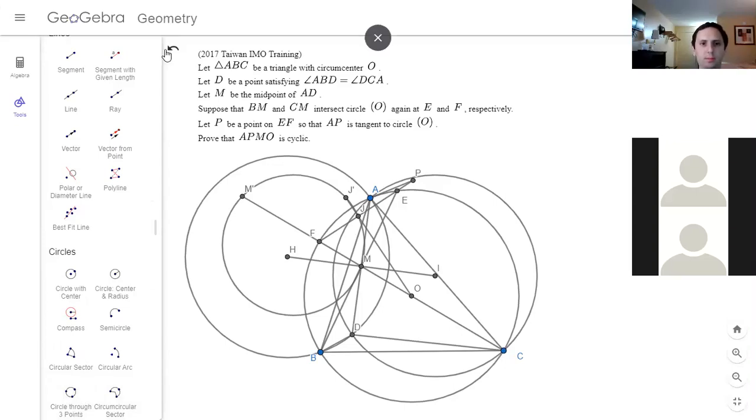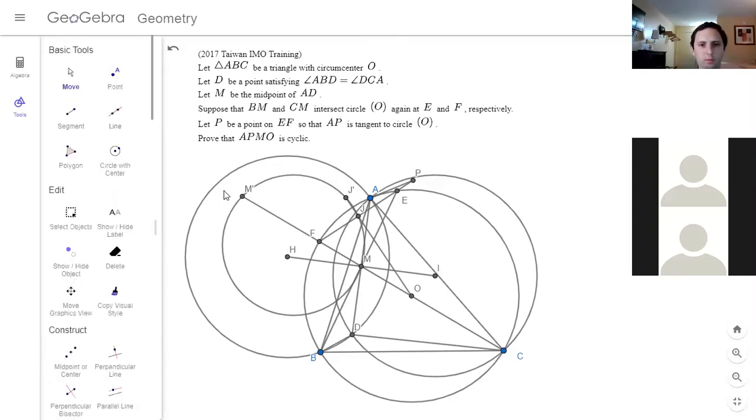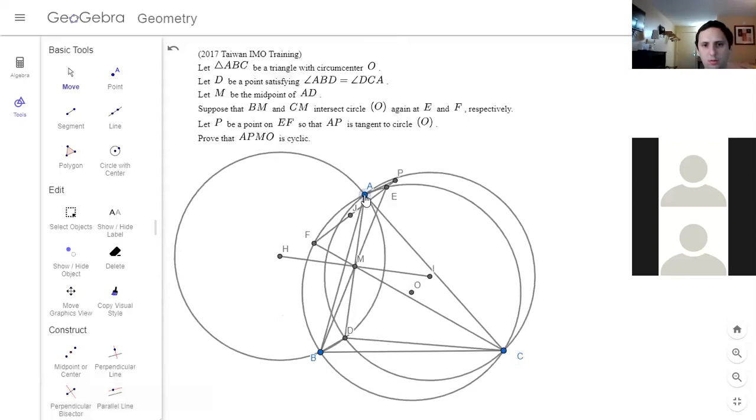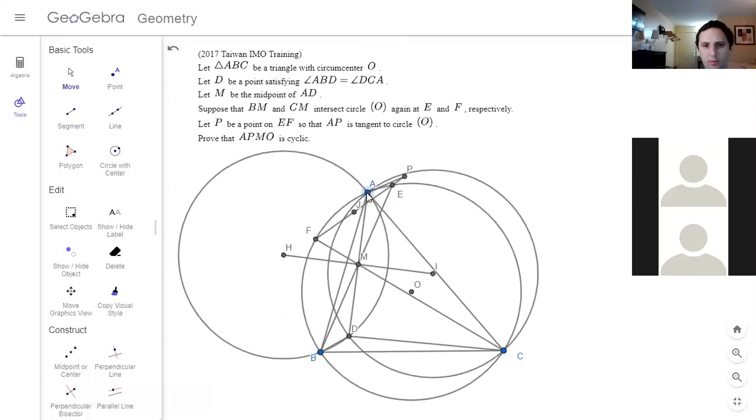Now let me delete all these prime points. So yeah, HAID is a rhombus. I don't know how much that helps though.